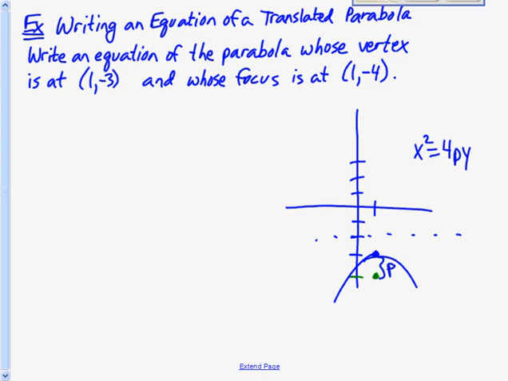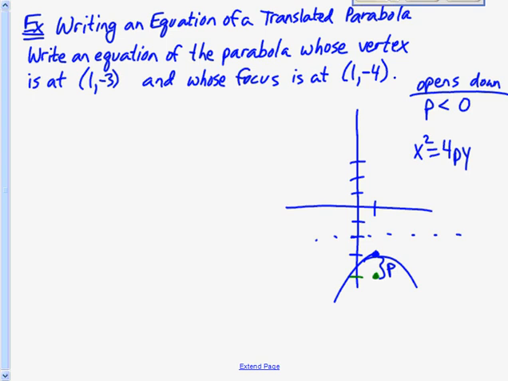It opens up if our p is positive, and it opens down if our p is negative. So we know here our p must be negative because it opens down. We're going to make this a note for ourselves because we're going to write this equation.